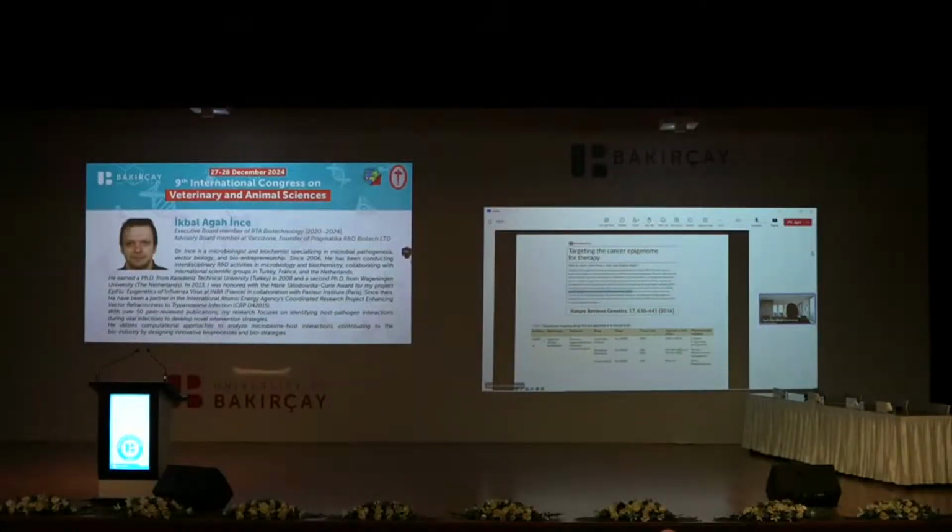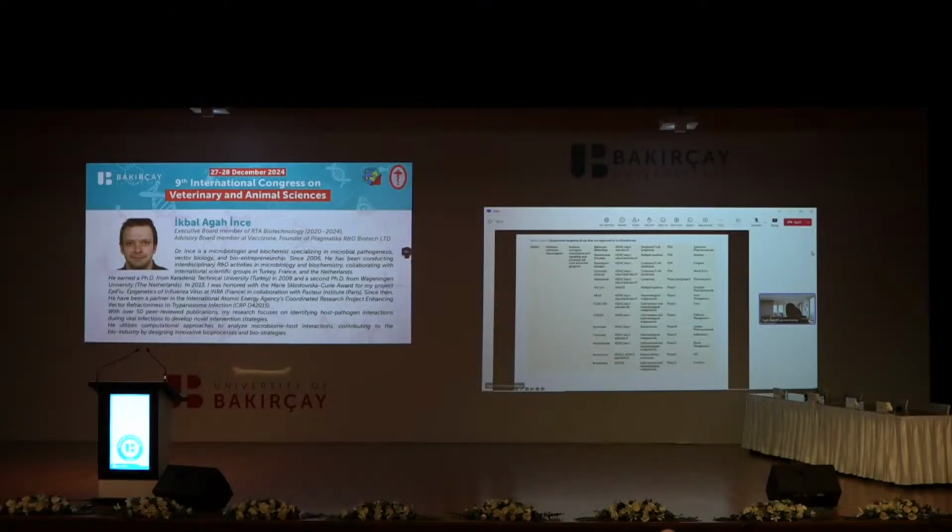FDA approved. Some of them are different phase studies, also for the same DNA transferring inhibitors. In drug development stages, all these phase studies, the initial phases are performed in model systems.